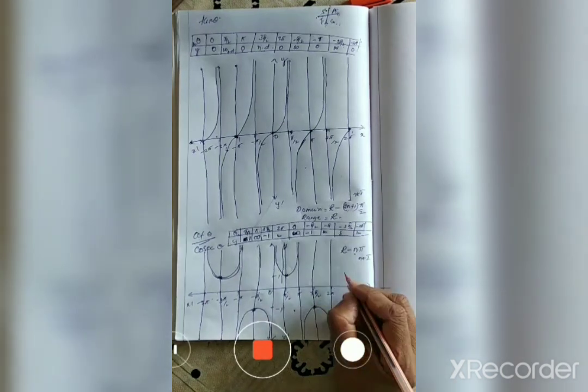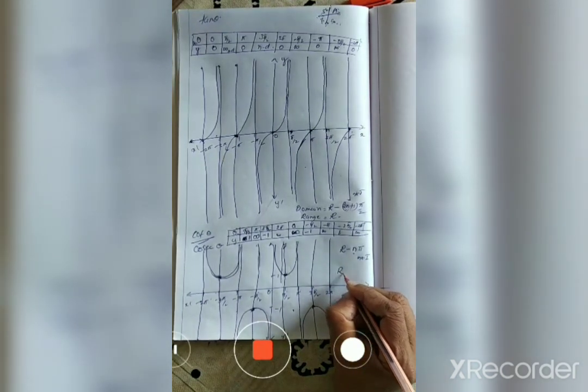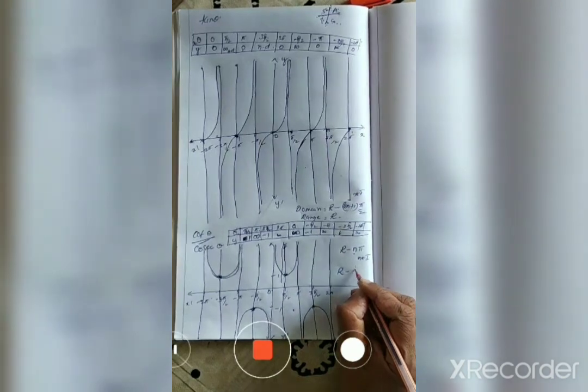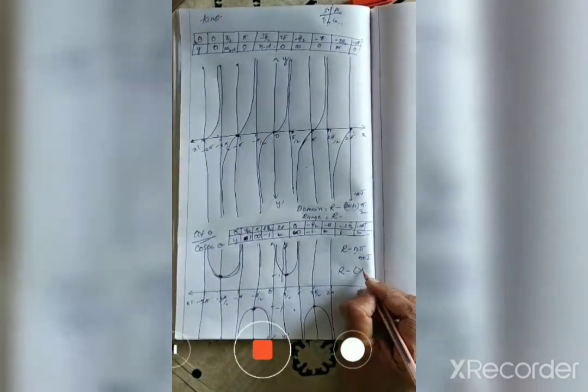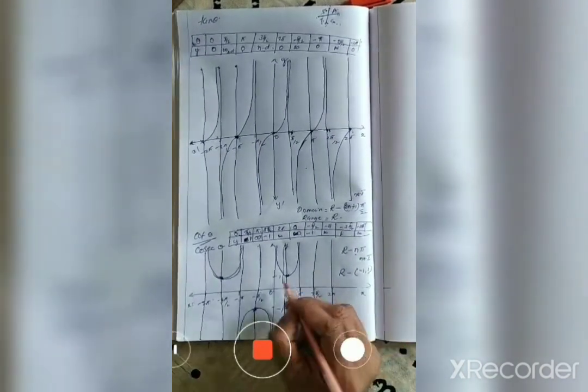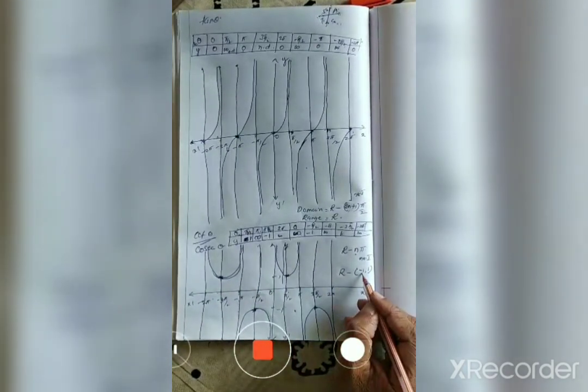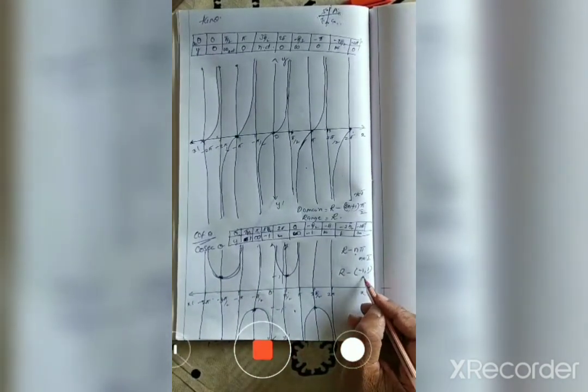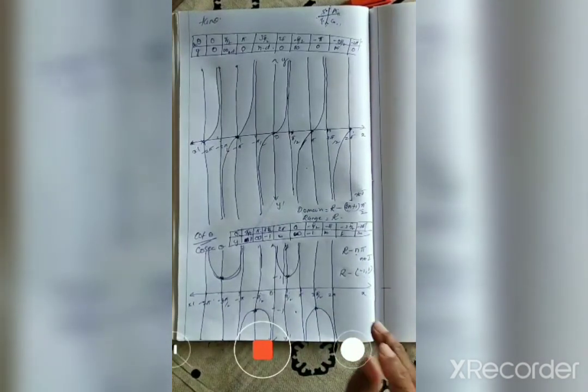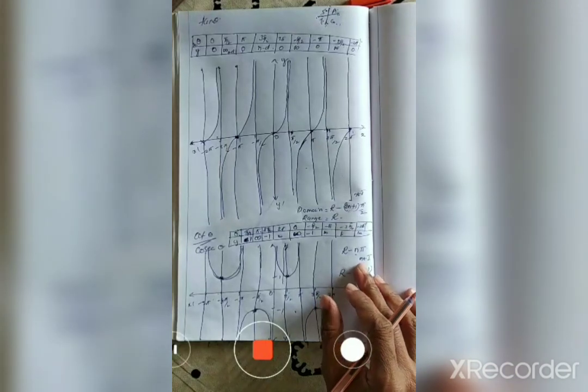So the range is all real numbers except the open interval minus 1 to 1, because at plus 1 and minus 1 it is covered, but in the open interval minus 1 to 1 there is no curve. Similarly, you find the domain and range of the remaining three functions.